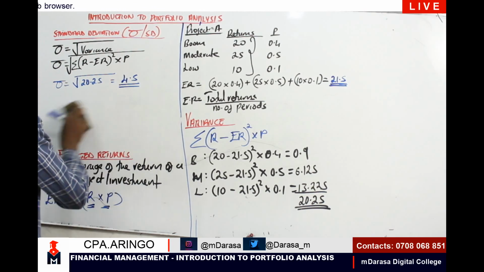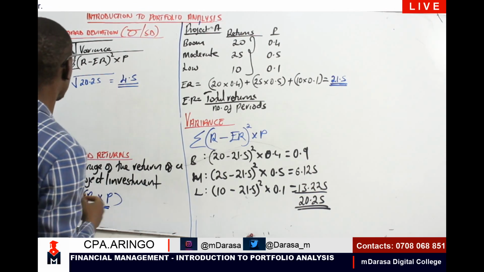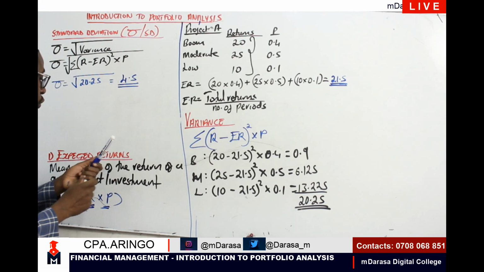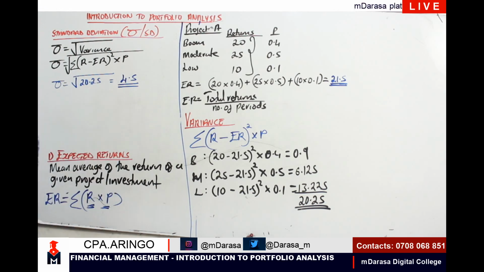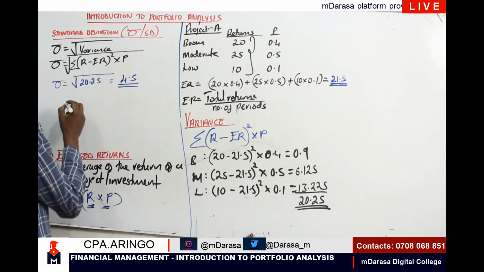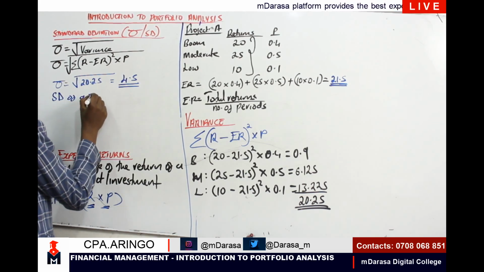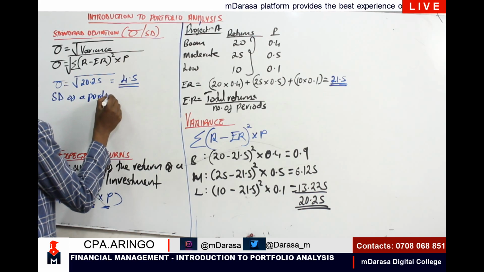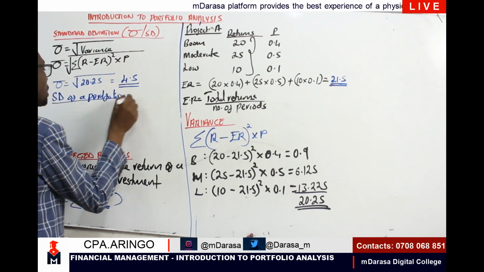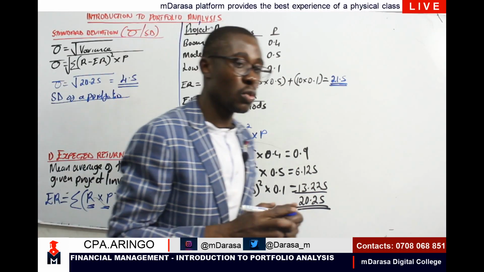You never know. So to determine the standard deviation of the portfolio, remember the earlier one is for a single project. This is how we are going to determine the standard deviation of a portfolio, my good students.